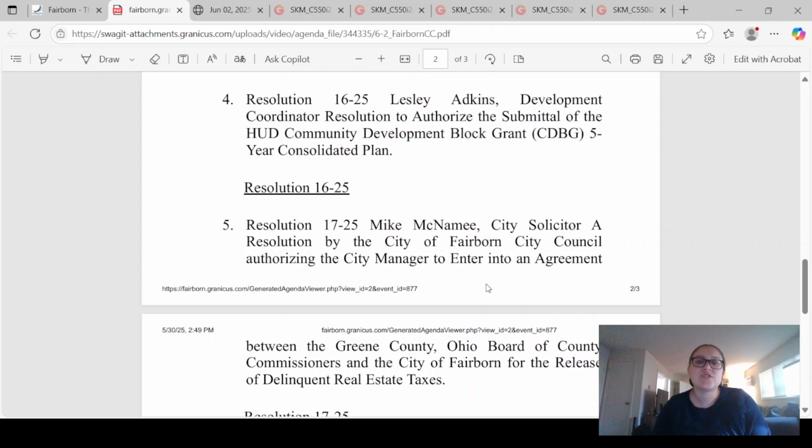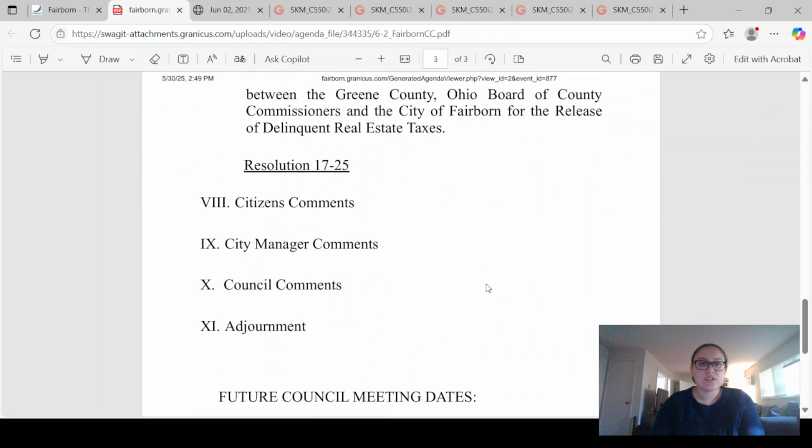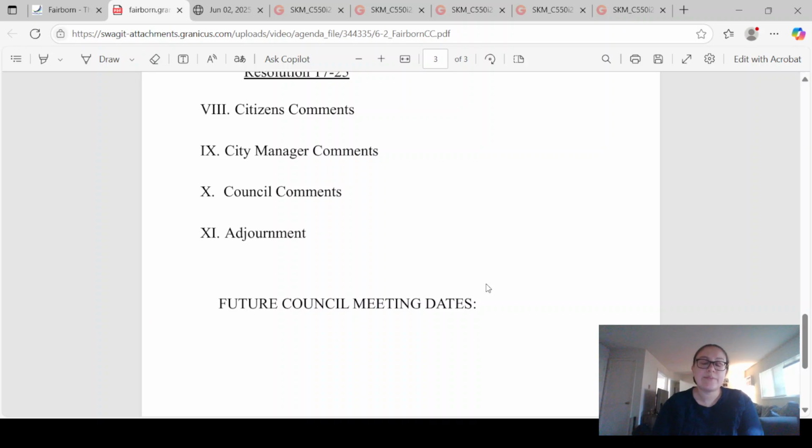So they just want to make sure they know what they're spending our tax money on, what's been going on in each of these departments, and some of these things by law they have to get approval for. So those usually are the resolutions. Probably the most boring section in my opinion, but oh well.